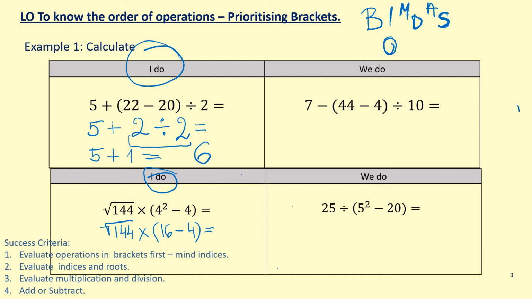But I know also that square root of 144 is 12. So that means this is 12 times, in the bracket, I've got another 12. So the answer is 144. So as you can see, I evaluated this one, and then the whole bracket, then square root, and then I've multiplied those out.